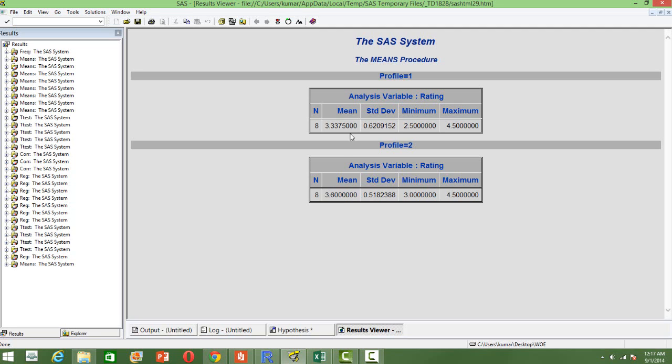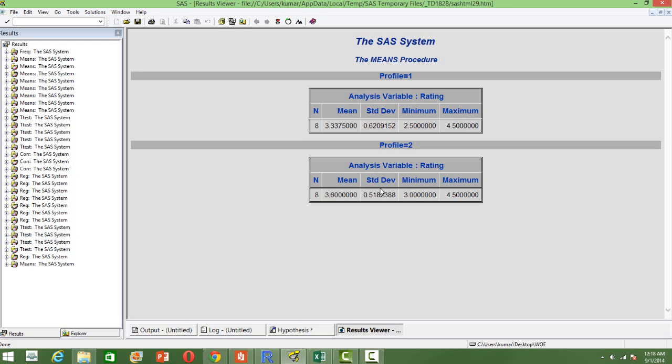Another hypothesis could be, you can see the standard deviation of profile 1 is greater than the standard deviation of profile 2. So what does standard deviation mean? Well, standard deviation means there is a lot of variation. So the variation in data in profile 1 is much more than the variation in profile 2.